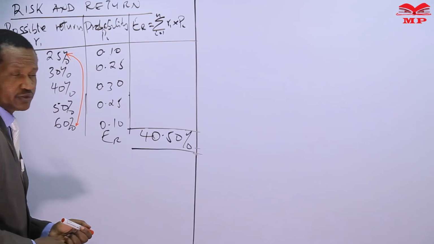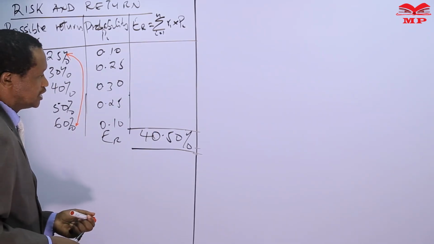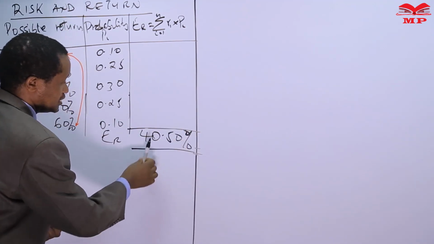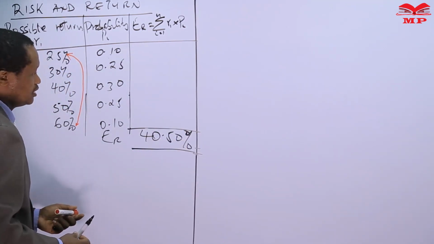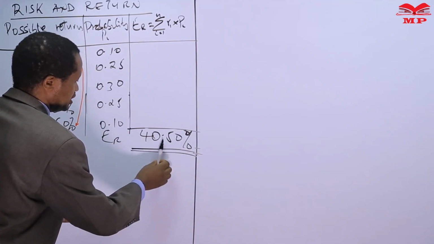But I should also mention that we can get different variations giving us the same expected return. It's very possible to have different variations with probabilities, but giving us the same expected return.